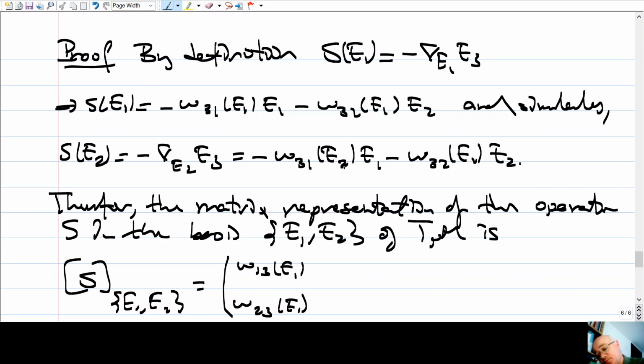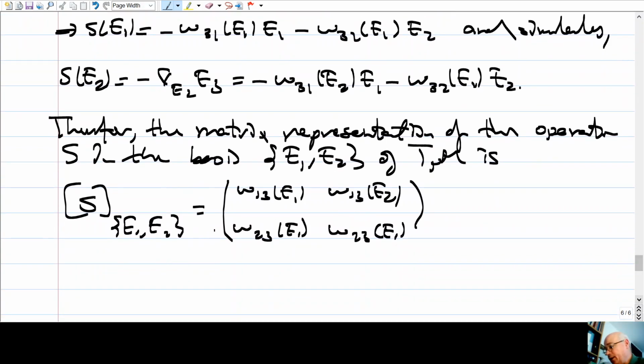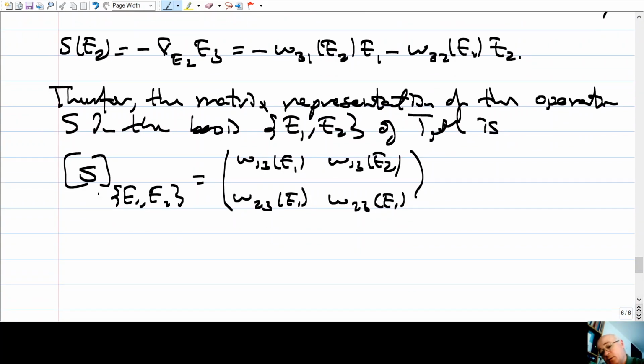And then here omega 1 3 of E2 and omega 2 3 of E2. All right, so this is a matrix representation of the operator S.